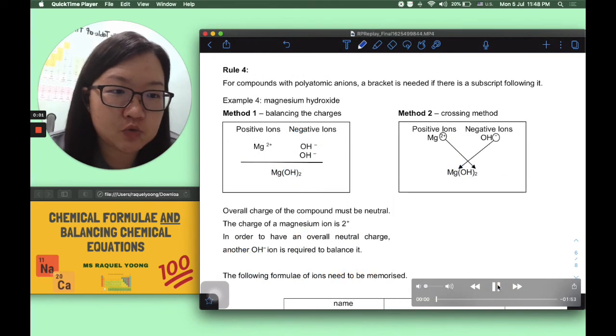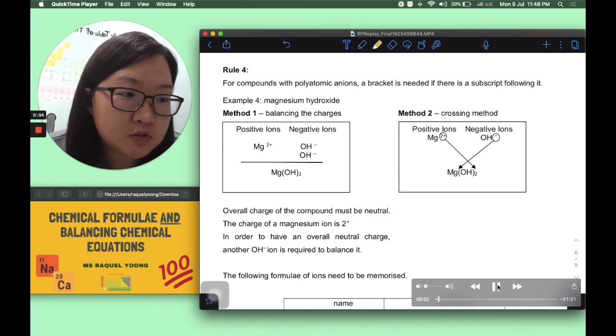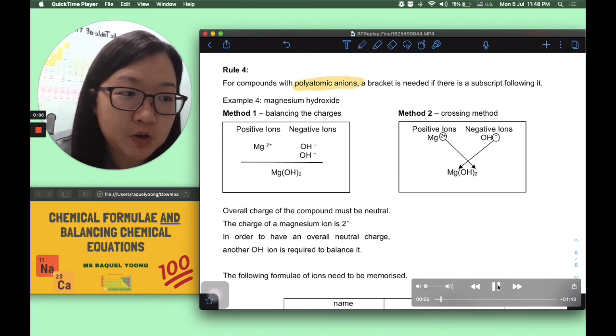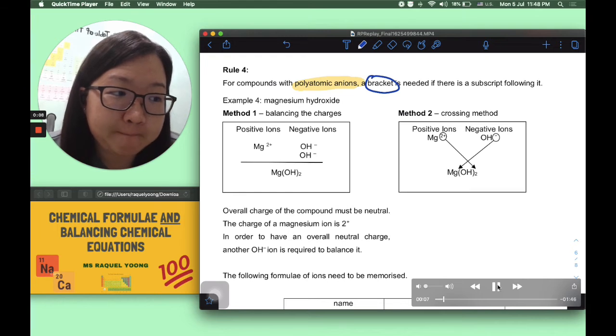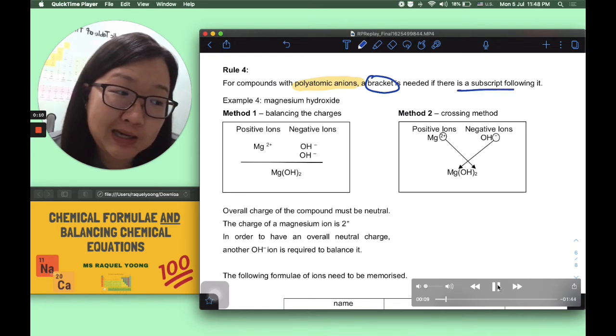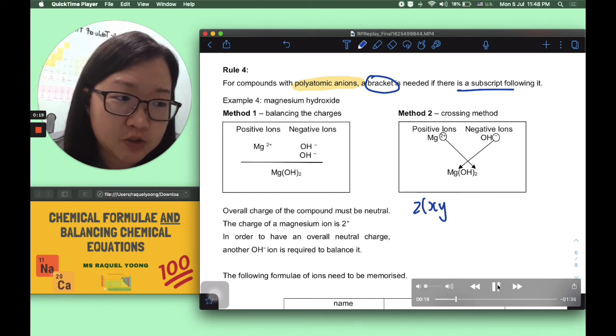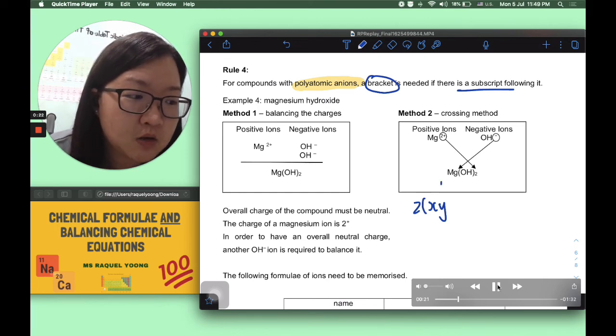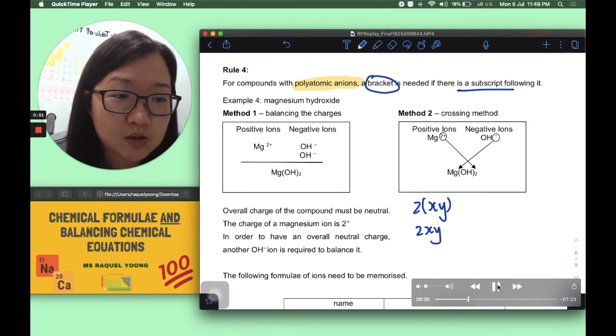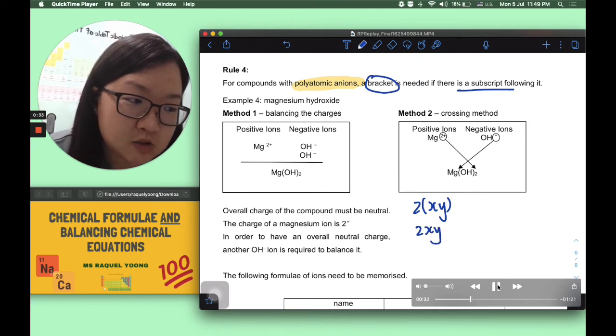Okay, let's look at rule number 4, the last one. So over here, we're concerned about compounds with polyatomic anions. And we will definitely need to use a bracket if there is a subscript that follows it. So for instance, I just use math to illustrate to you why the use of brackets in this case is very important, right? If we look at the first one, 2(xy) versus if we don't use a bracket and I just have 2xy, these two are vastly different things, right?